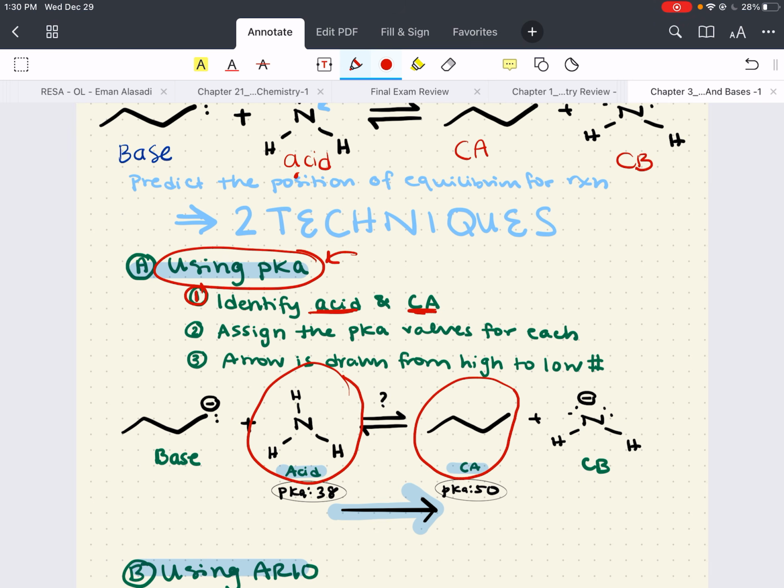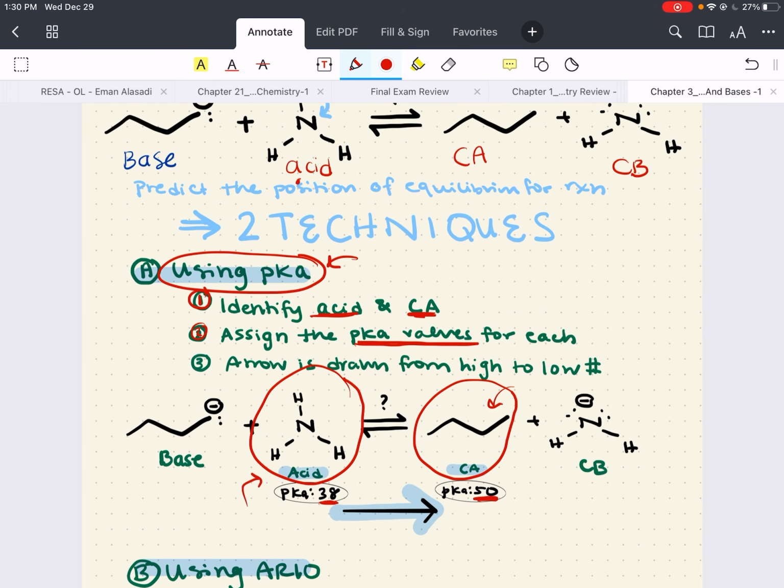So we've circled those here. Now, your second step in this method is to assign the pKa values for each. Now, your amine has a pKa value of 38, and this is just an alkane, just a hydrocarbon. It's going to have a pKa value of 50.